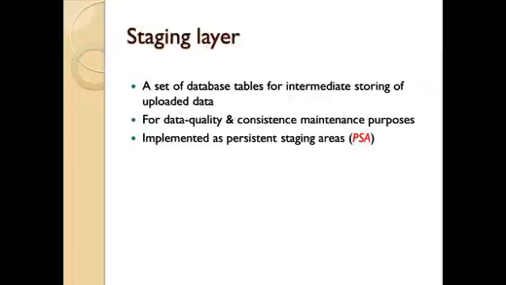And if there are any errors, we can make changes right there before data is further loaded into other objects for processing or reporting purposes. So the staging layer can be used for data quality and data maintenance purposes, and it is implemented as a PSA in BW, as I mentioned before.